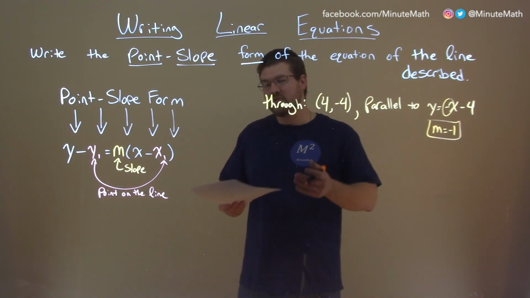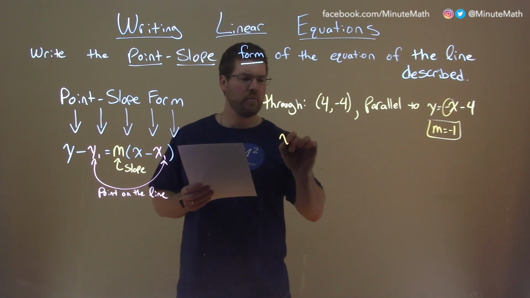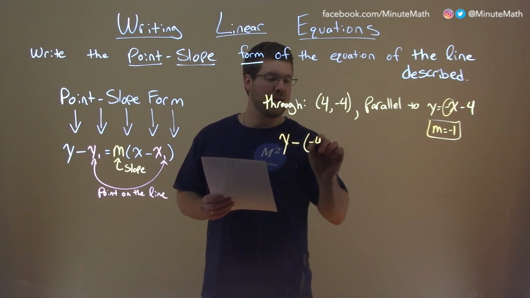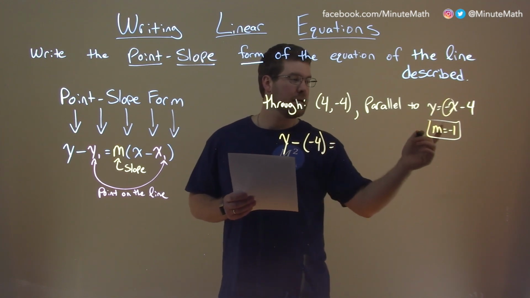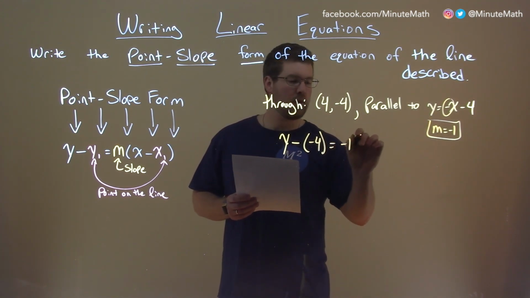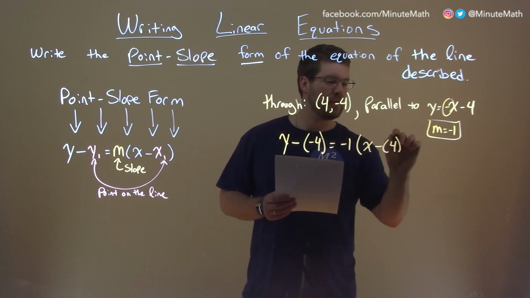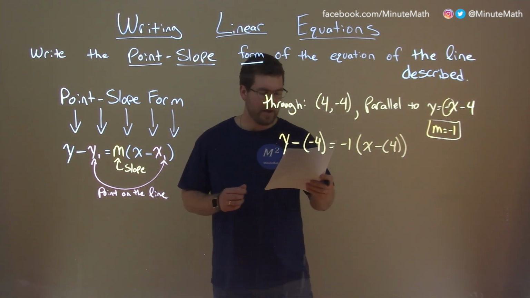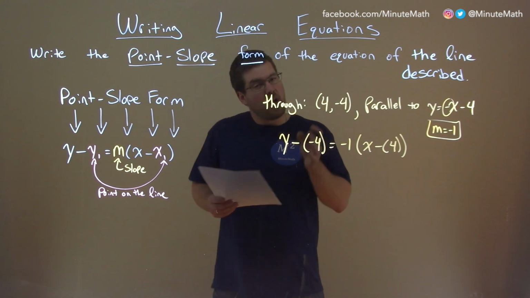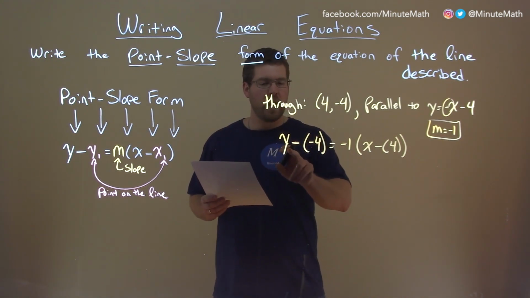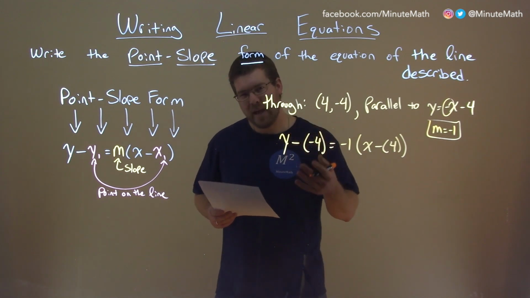We can start our journey. We have y minus, using the formula, our y1, -4, equals m, our slope, -1, times x minus x1, which is 4. So now let's simplify this. It's already kind of in point slope form, but we can make it nicer. Y minus -4 is adding a +4.